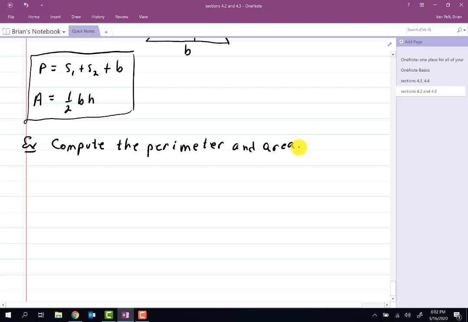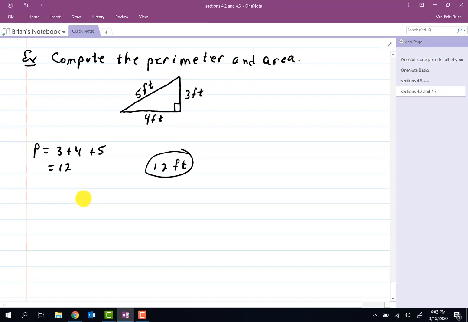Here, I happen to have a right triangle. This side is 3 feet, this side is 4 feet, and this side is 5 feet. So the perimeter, P, will equal 3 plus 4 plus 5 will be 12. So for the perimeter, we'll have 12 feet.